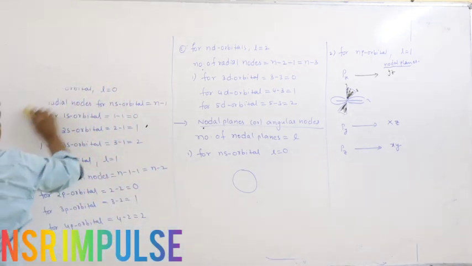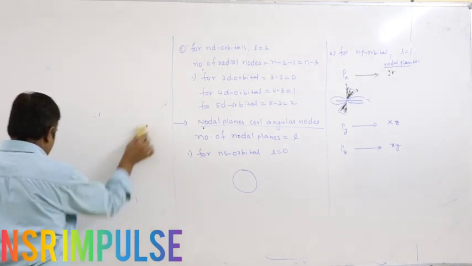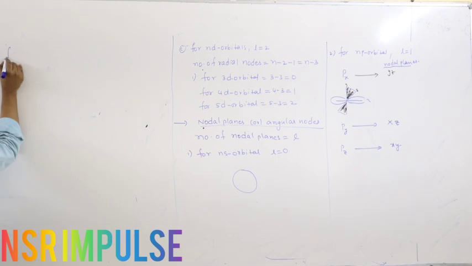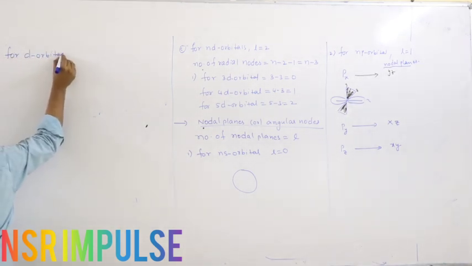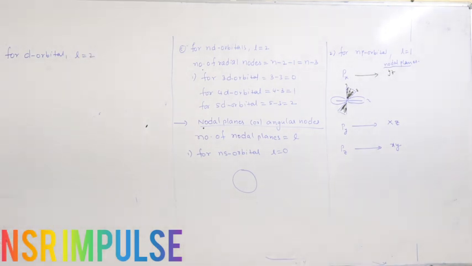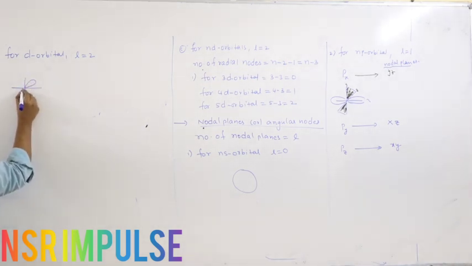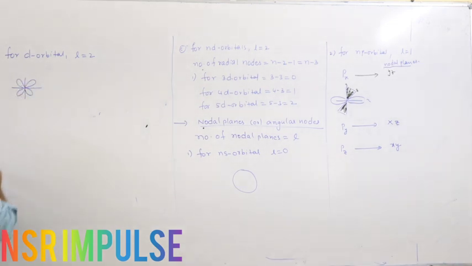Next, for d orbitals, what is the L value? The L value equals 2. Now, in the case of dxy, dyz, dxz, the lobes orient in between the axes.